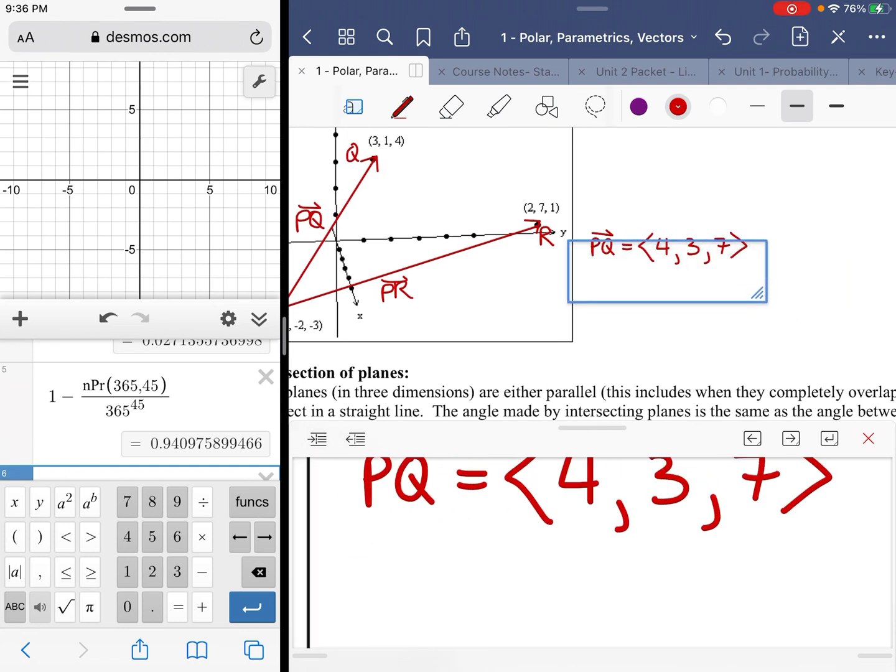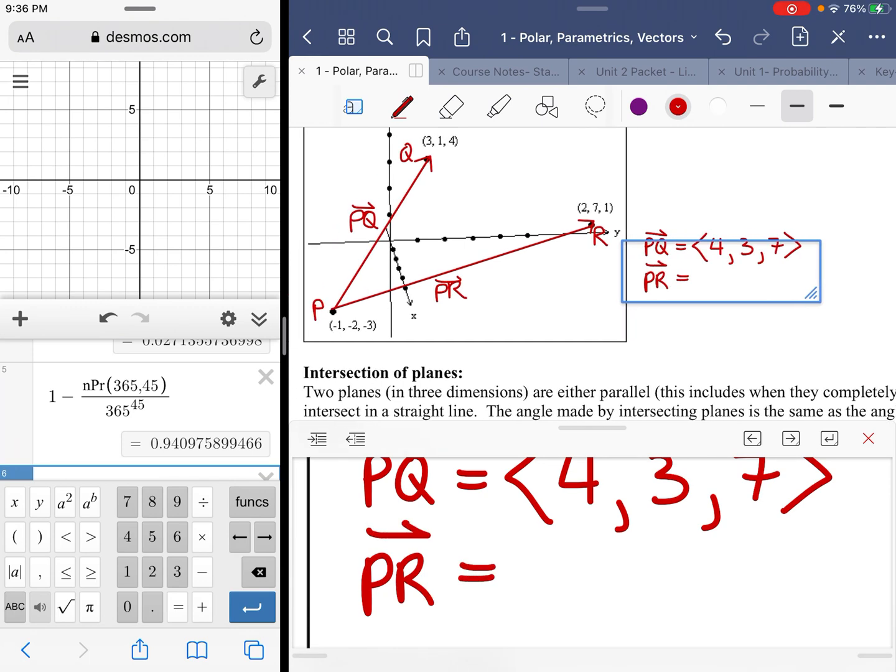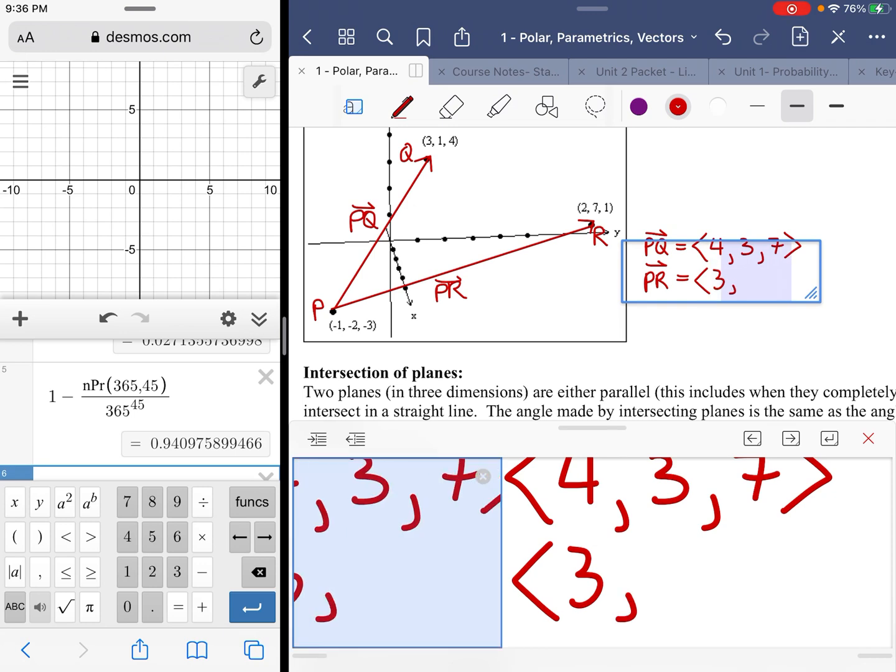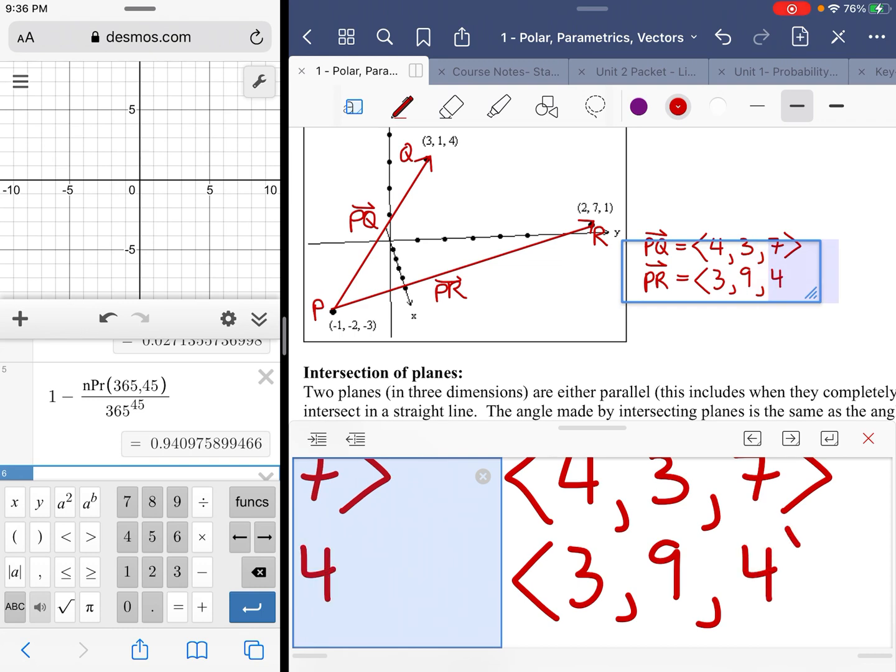And then PR: 2 minus -1 is 3, 7 minus -2 is 9, and 1 minus -3 is going to be 4.